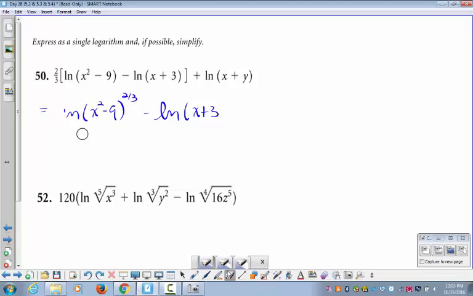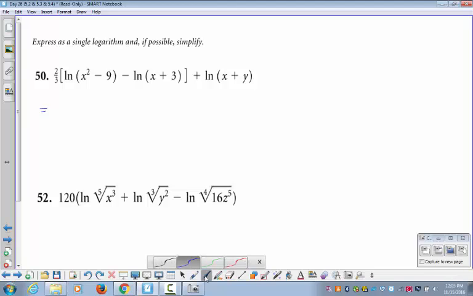Now I'm noticing, do you see that you can combine those first two terms and get a simplification in there? We write that as x squared minus 9 over x plus 3. Doesn't that simplify? The numerator becomes x minus 3 times x plus 3. So let's do that.